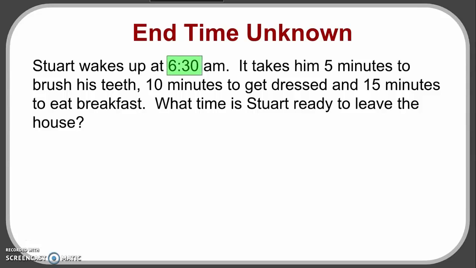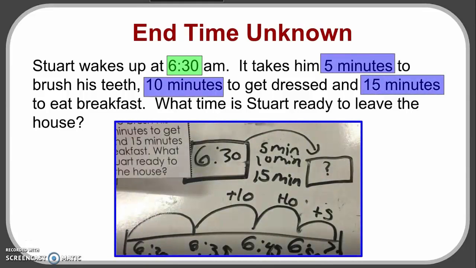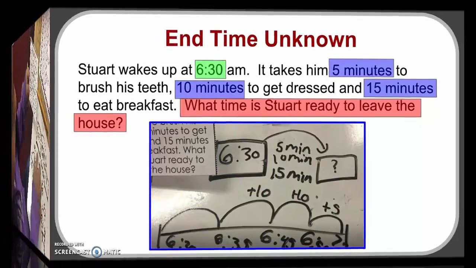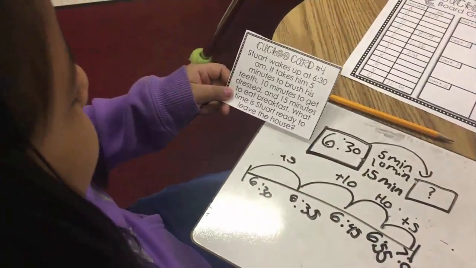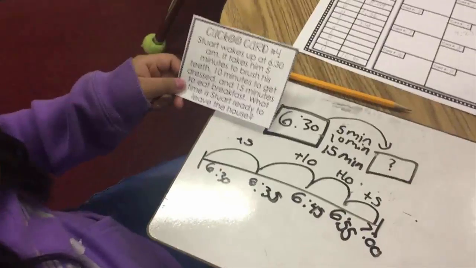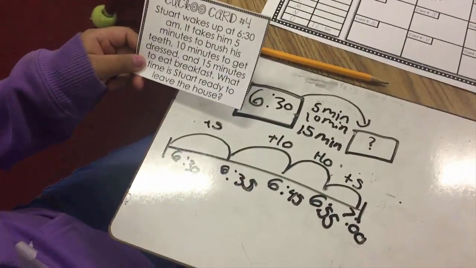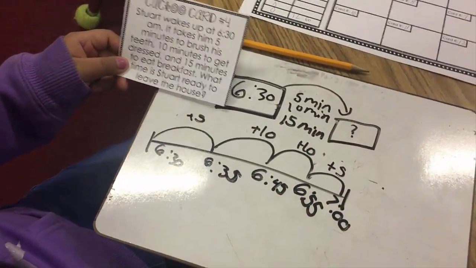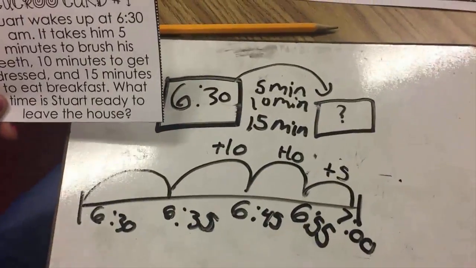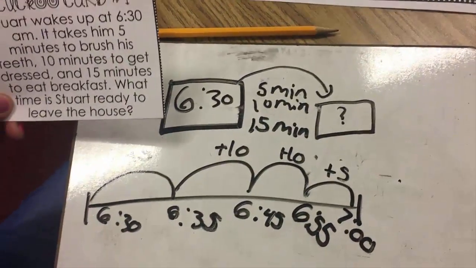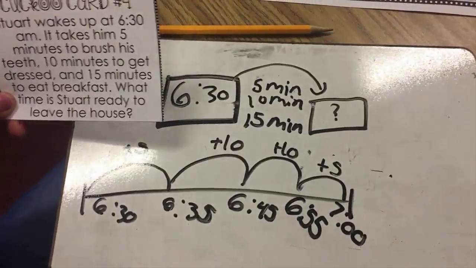In this situation, the end time is unknown. Students began with the start time and had to calculate the total change in time. By hopping on a number line, they were able to determine the end time. I know that he brushed his teeth for 5 minutes and 10 minutes to get dressed and 15 minutes to eat breakfast.